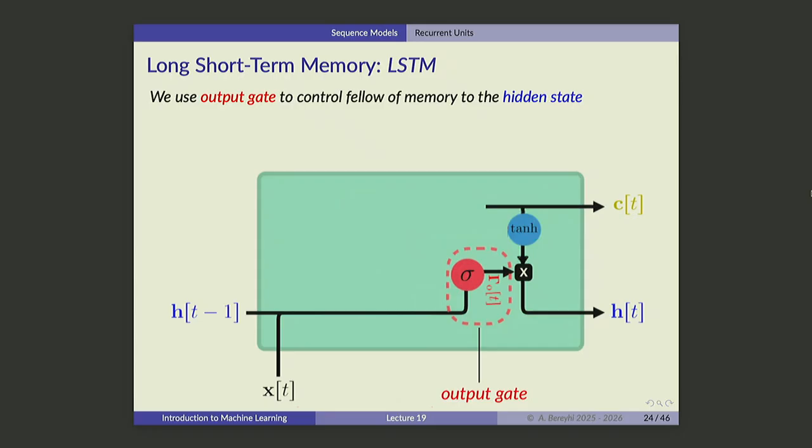That gate is going to decide how much of whatever I have found is going to pass to the output. Again, if I set this output gate to be completely 0, I close it, then nothing is going to pass. New output is nothing. I close everything. If I keep it completely open, then I'm going to pass everything that I computed.